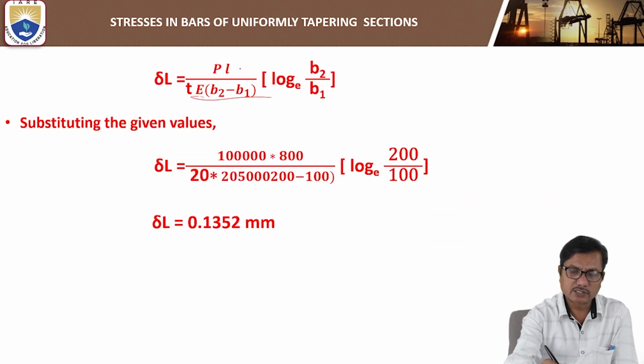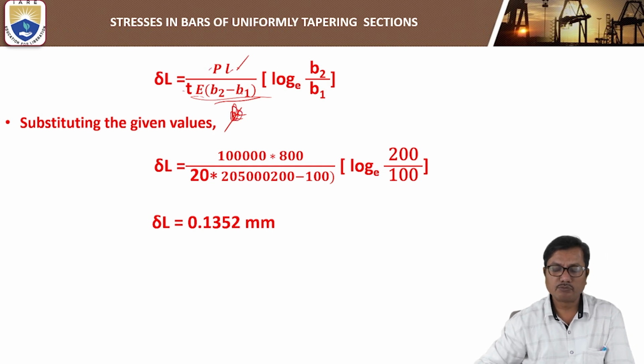So what happens in this B1 plus B2 by L, taking this L to the numerator, PL by TE into B2 minus B1. Understand?